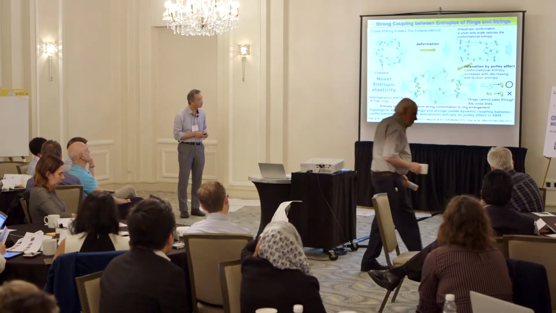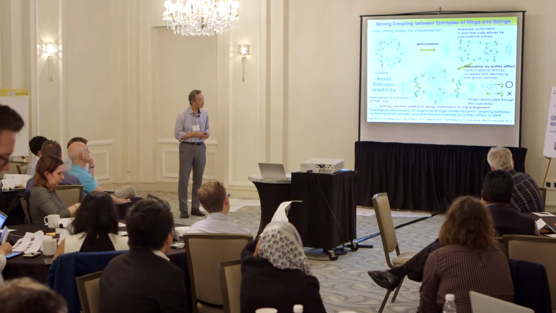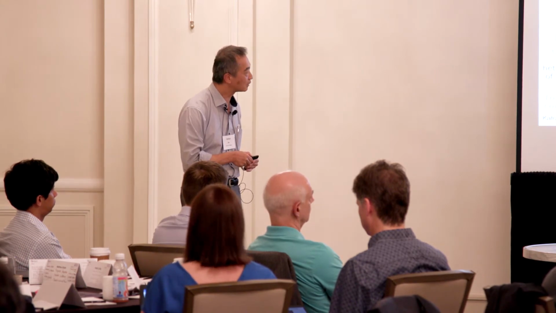And when you stretch the slide ring materials, in short time scales, the polymer chain changes its conformation like this. And the pulley effect starts to occur, and the polymer chain can pass through the cross-linking point. But what is important here, these free rings cannot pass through the cross-linking point. So the pulley effect yields a heterogeneous distribution of free rings.